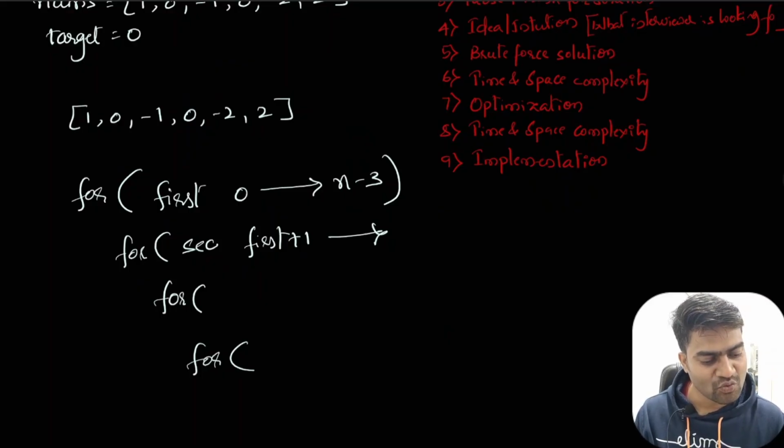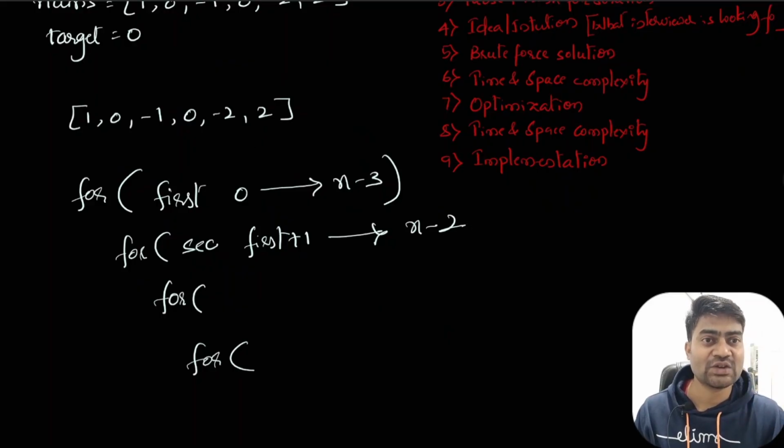So it will move until this number. Why? Because after the second number, we still need two more numbers. So to the max, it can go up to n minus 3. Correct, right? So we need to iterate from first plus 1 till n minus 2 basically. Why 2? Because we need at least two numbers after that.